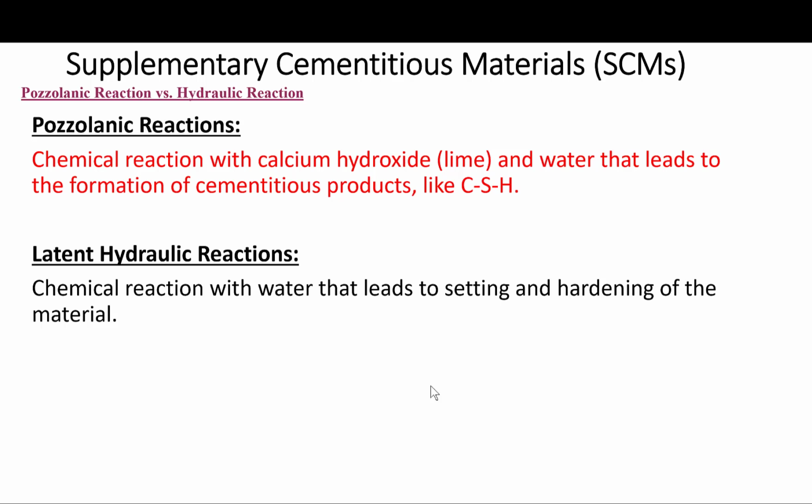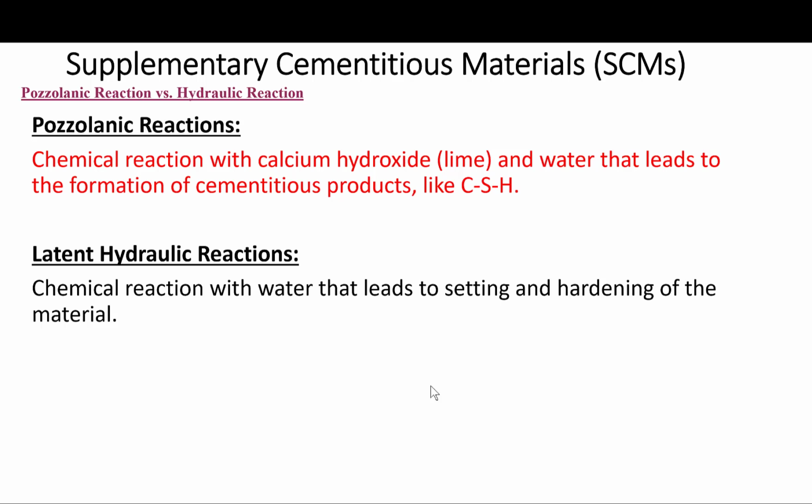The pozzolanic reaction is a chemical reaction with calcium hydroxide, lime, and water that leads to the formation of a cementitious product, like the calcium silicate hydrate. And that's what these materials contain in the amorphous silica.